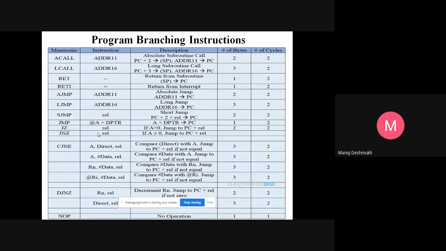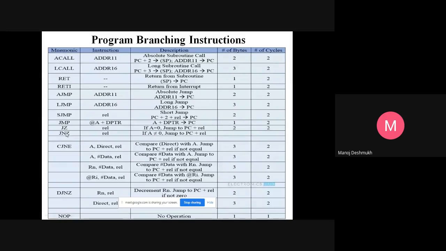So A plus DPTR points to the required memory location, so that your program counter will shift to that cumulative address. Suppose it is 200 and this is 10, then the program counter points to memory location 210.